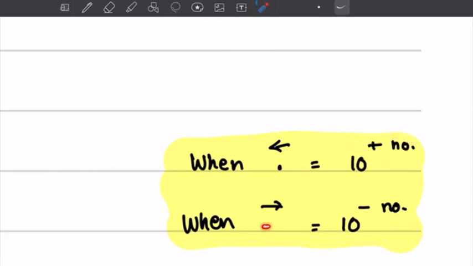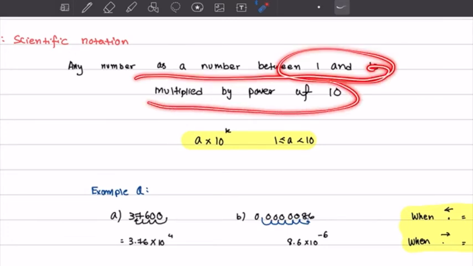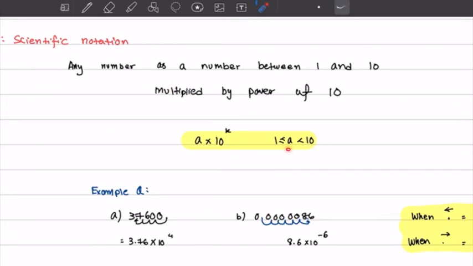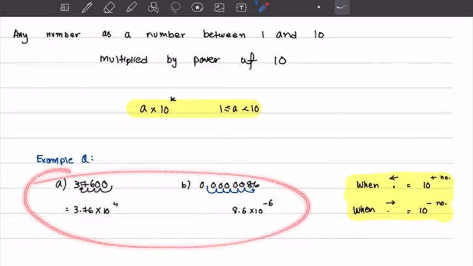When the decimal goes towards the right, you have 10 to a negative power. This is all scientific notation is. We have any number between 1 and 10 multiplied by a power of 10. A can only be 1 to 10. So it's important that you understand this, and these two example questions.